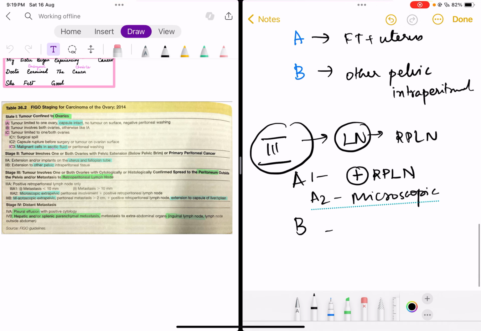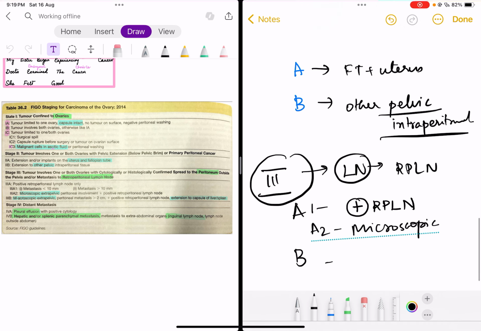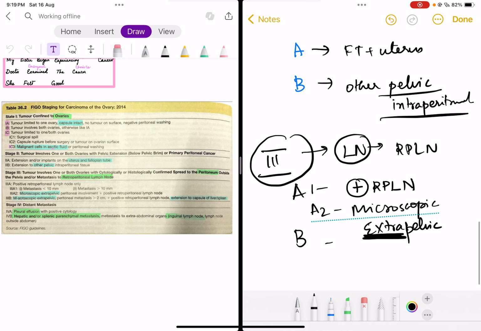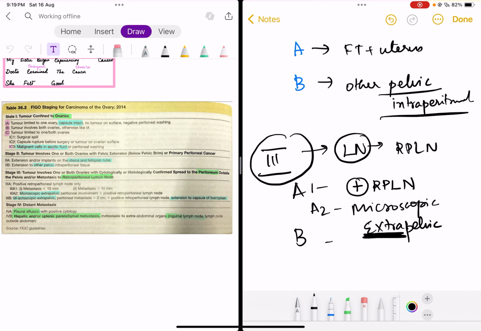So this was other pelvic intraperitoneal tissues. Here it is extrapelvic. That is what you should remember in stage 3. Something should be added after stage 2, right? So this is pelvic and this is extrapelvic.